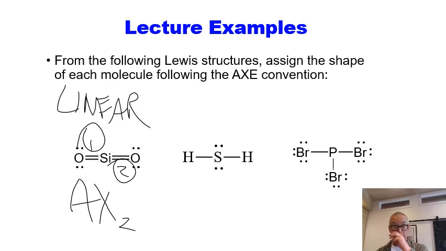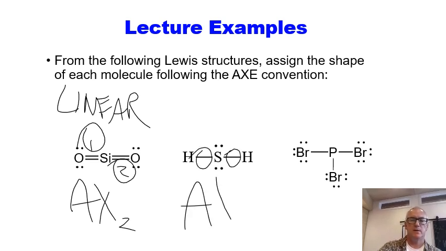All right, next one. We have central sulfur, and we have hydrogen on the other. So hydrogen sulfide. That is super, super stinky stuff. So sulfur is in the middle. It has 2 bonding regions, one here and one here.